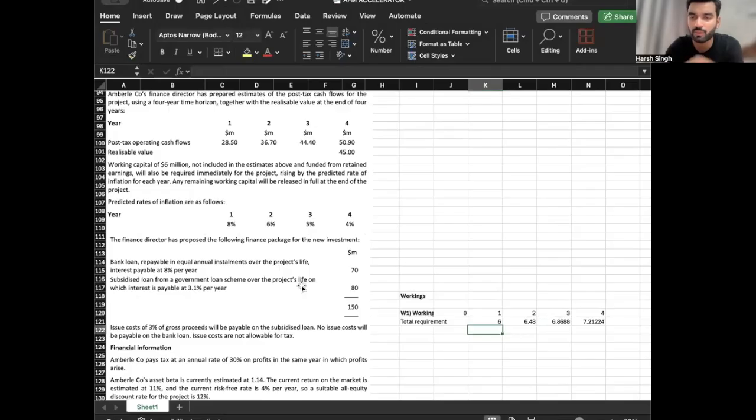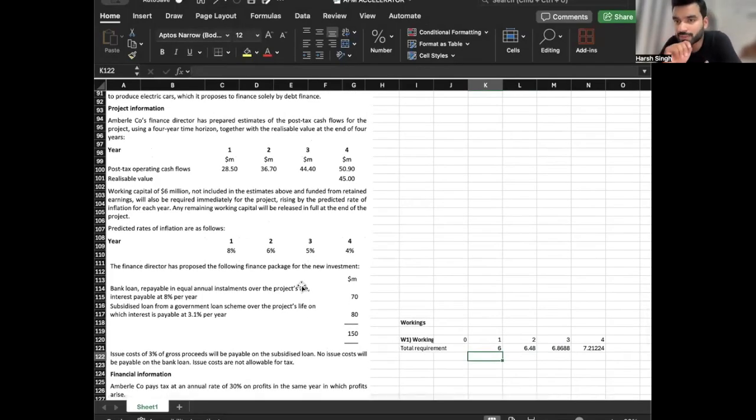This is the total working capital which I'll be requiring. Now notice one thing. I'll just make it 0 over here, otherwise you guys might get confused. Because year 1 will remain the same. It is not going to change, because after year 0, it will increase.